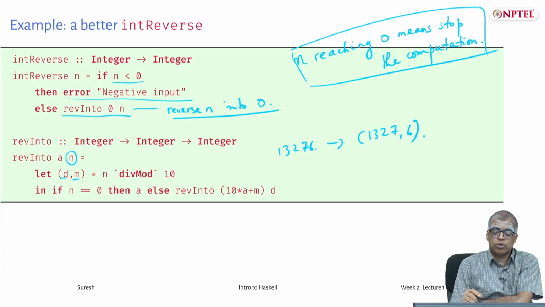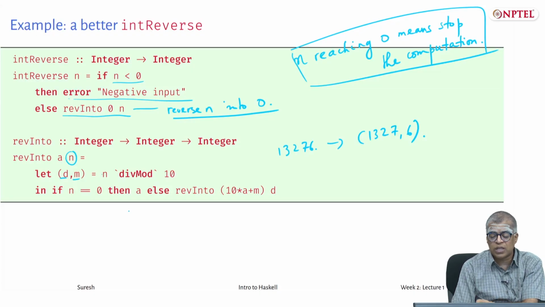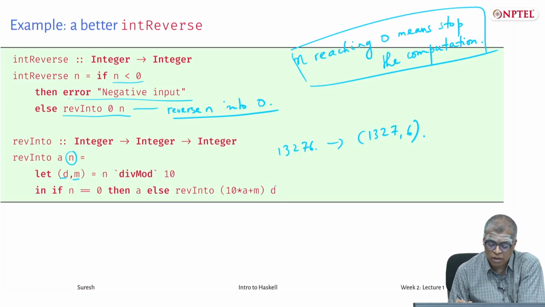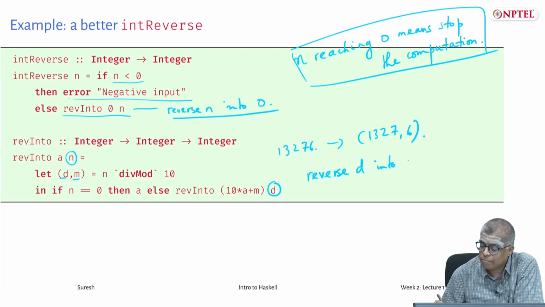Okay, good. So you do this: d comma m is n divMod 10. If n is 0, then you just return the accumulator. Else, you reverse d. d is the div, right? Not digit. d is div. Reverse d into a followed by m.